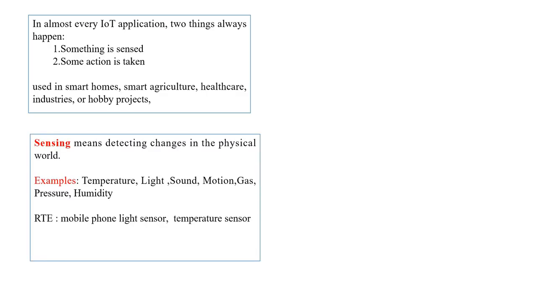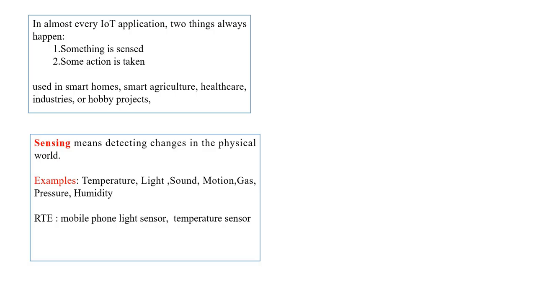Sensing means detecting changes in the physical world such as temperature, light, sound, motion, gas, pressure, humidity, etc. Some real-time examples: a mobile phone light sensor. You have a light sensor in your mobile phone. You can observe that whenever this light sensor detects brightness, your screen adjusts its brightness automatically.